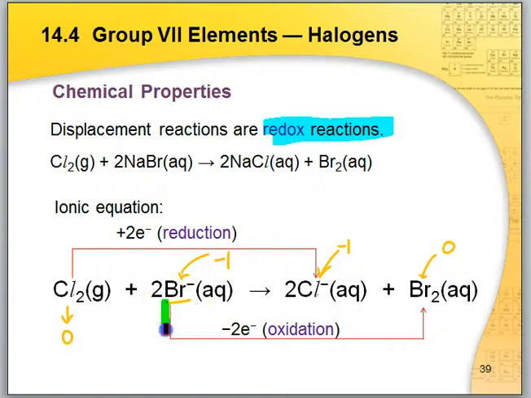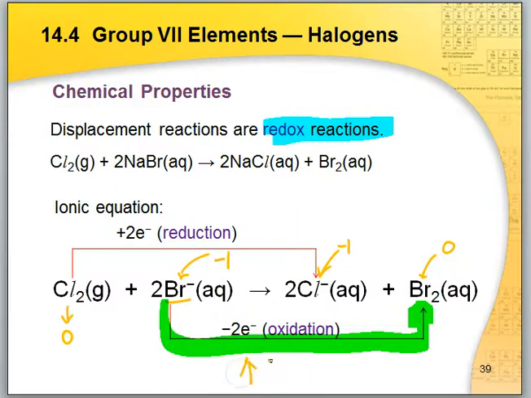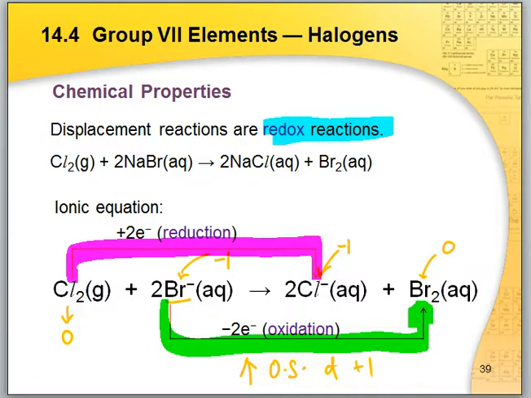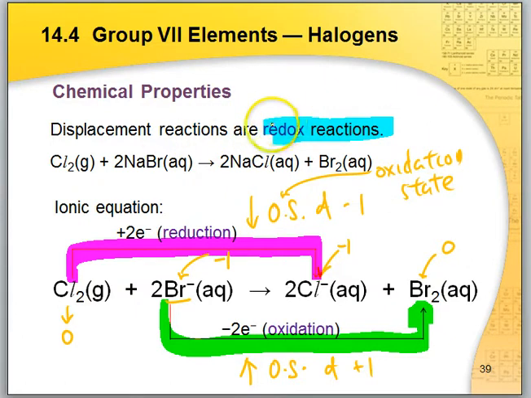So from -1 to 0 is an increase in oxidation state of +1. For chlorine, this is a decrease in oxidation state of -1. OS stands for oxidation state. So in actual fact, your displacement reactions are also your redox reactions.